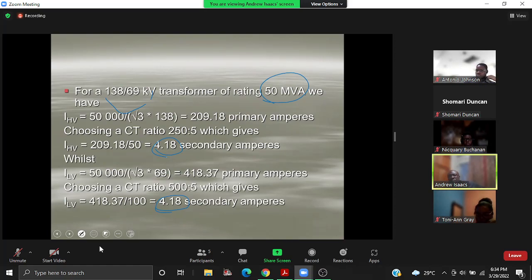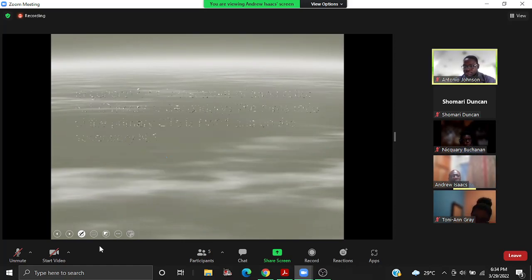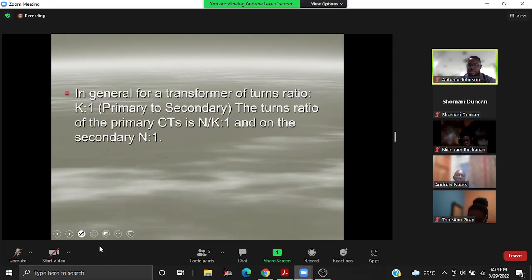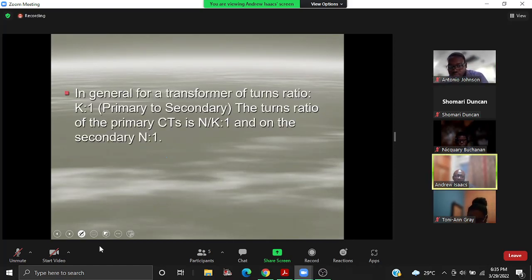Is that clear? So, you finish with that? Yes, sir. All right, so generally, if you have a transformer of turns ratio K to 1, from the primary to the secondary, the turns ratio of the CTs on the primary is N over K to 1, and on the secondary, N to 1.